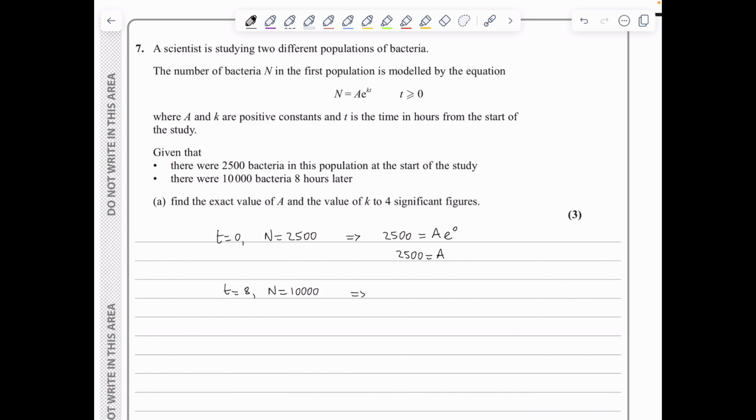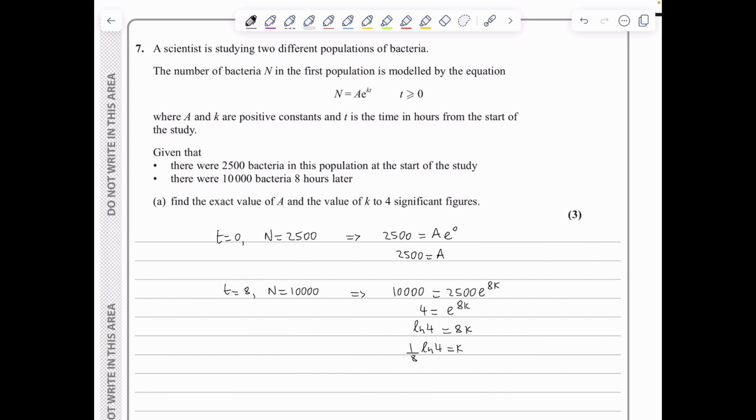Once more, I will substitute to get 10,000 is equal to A, which we found to be 2,500, e to the 8k. Well, if I divide both sides by 2,500, I arrive at 4 is equal to e to the 8k, and therefore ln of 4 is equal to 8k, which means that 1 over 8 ln 4 is the value of k.